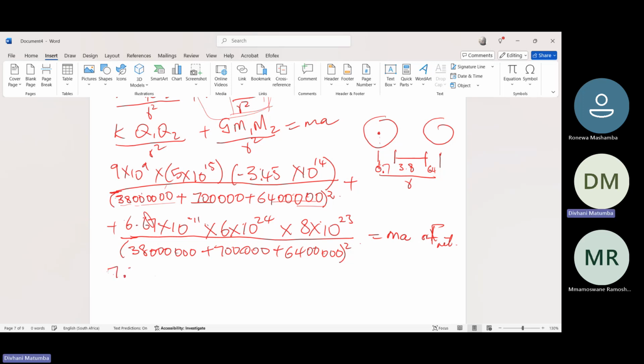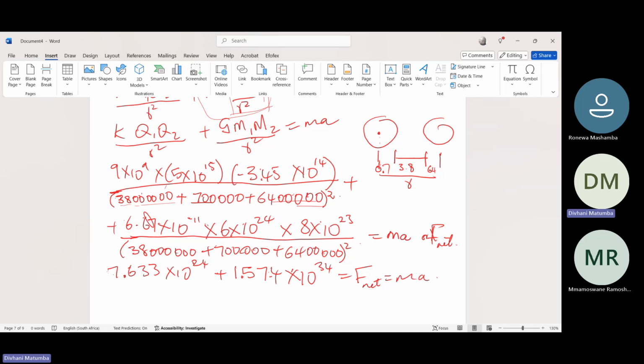I got 7.633 times 10 to the power of 24 plus the other one gave me 1.574 times 10 to the power of 34 is equal to F net, which is equal to ma.